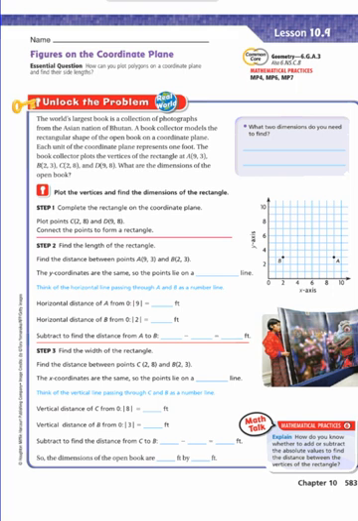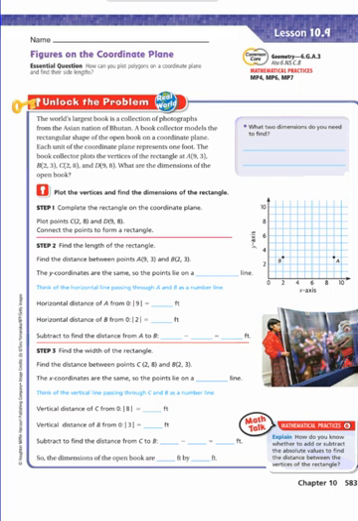The book collector plots the vertices of the triangle at A (9,3), B (2,3), C (2,8), and D (9,8). What are the dimensions of the open book? Plot the vertices and find the dimensions of the rectangle.